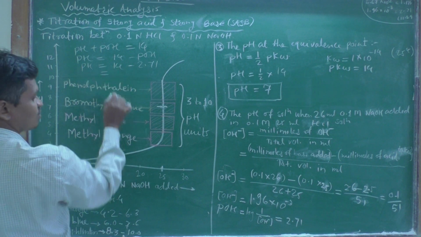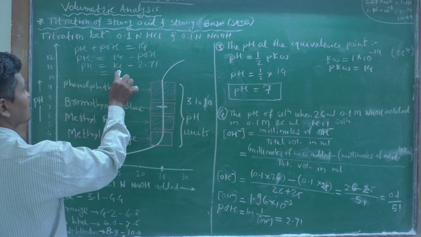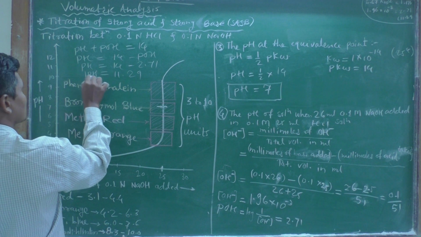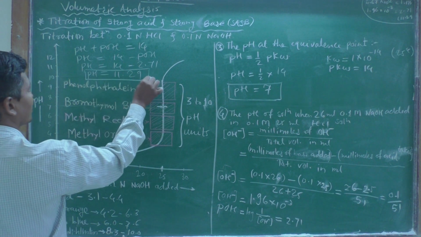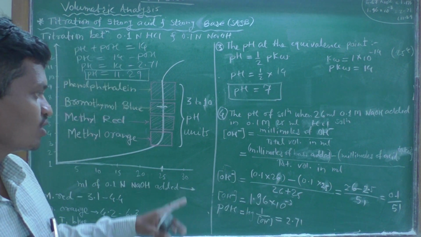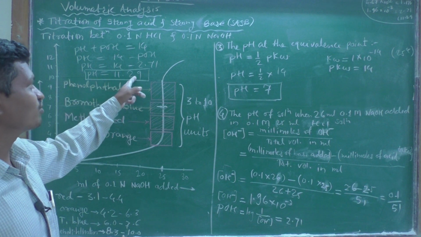So therefore pH is equal to 11.29. So the pH of the solution, when we add 26 ml of NaOH from the burette, will become 11.29.